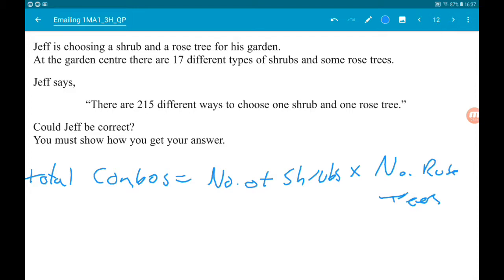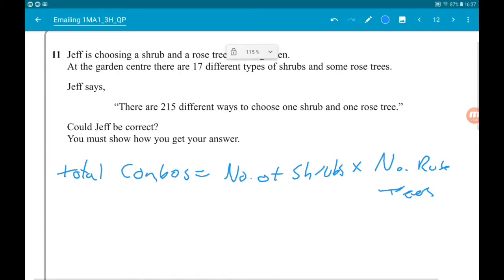So, if he's right, 17 times something times a whole number will give us 215. On the flip side then, if we did 215 divided by the number of shrubs, we should get a whole number for the rose trees.